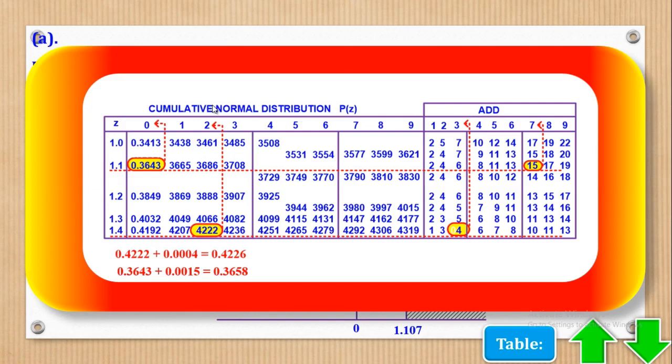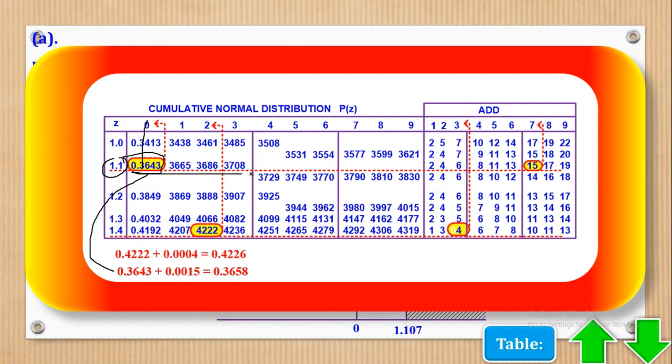So for our case, we ignore the normal distribution table and we take the cumulative normal distribution table. We want to look for 1.107, so I'll say my 1.1 is here, then 0 is here, so I'll read this value, which is 0.3643, and it is there.